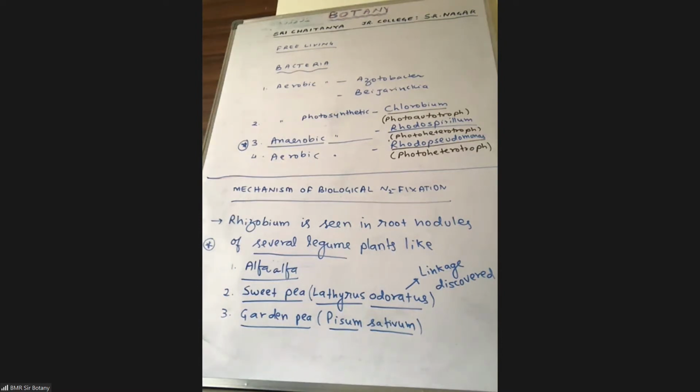So in Akash it is simply given as peas. Which peas? Not mentioned. Sweet pea, garden pea. Are any more peas there? Are you aware of any? Wild pea is also there, Lathyrus sativus, which we call it. We don't need to bother about that here.